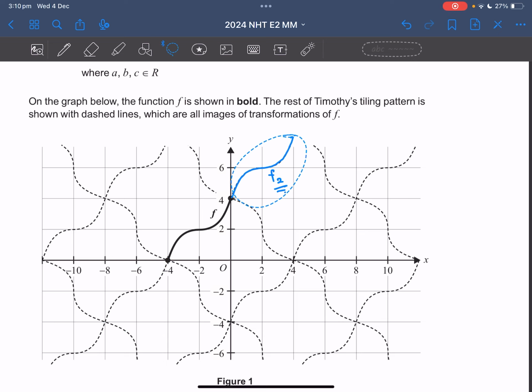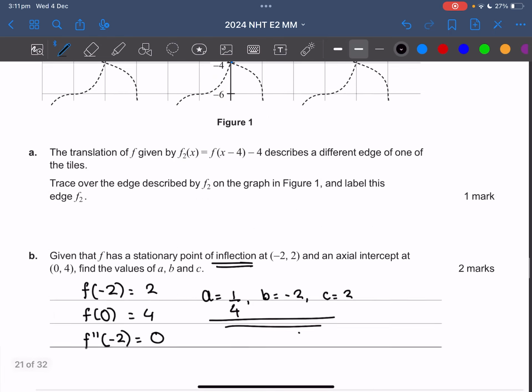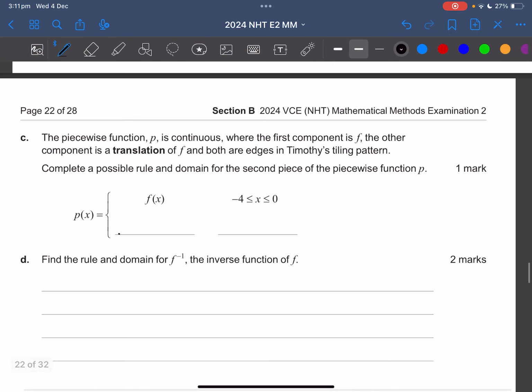So let's start with this over here, right? If I want to go from f to here, how would I do that? Well, I have to move 4 units to the right, and then I have to move 4 units up. Does that make sense? Okay, so let me move the f2 back down. We are basically finding f of x minus 4, and then we moved up by 4, so plus 4 is what we are finding.